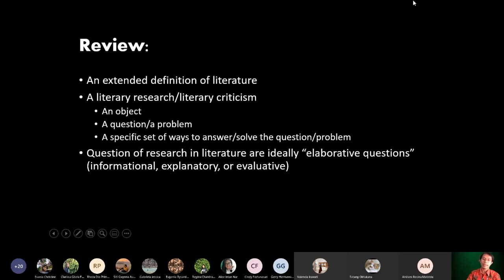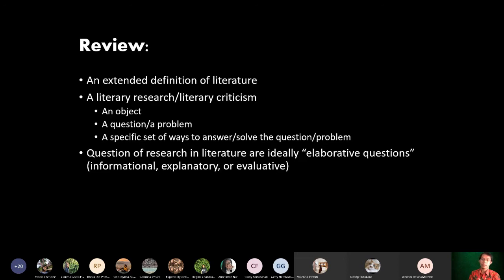And these questions, as I also commented on your posts on MS Teams, are supposed to be questions that you cannot find the answer to explicitly in the text. If you can find the answer explicitly in the text, then, well, you don't need to do research for that.